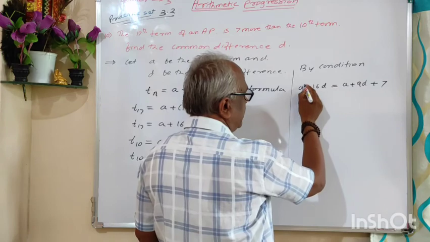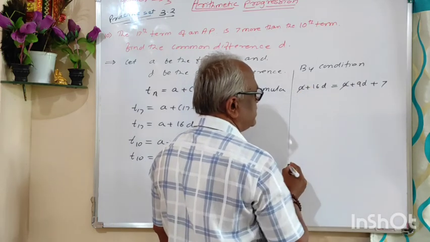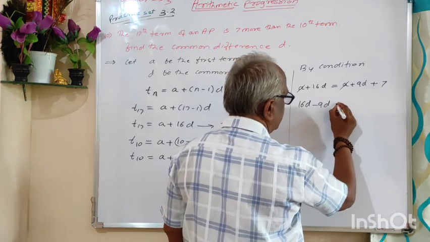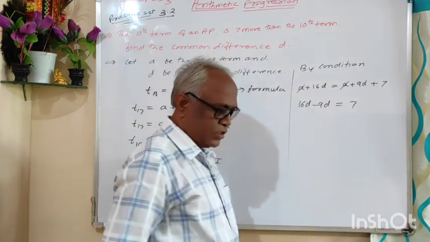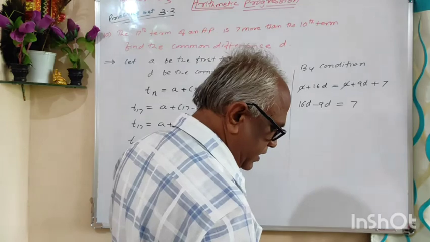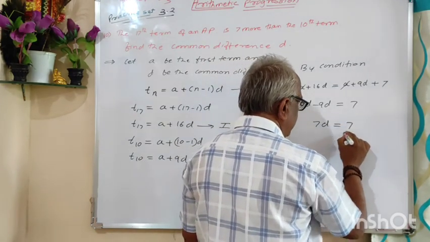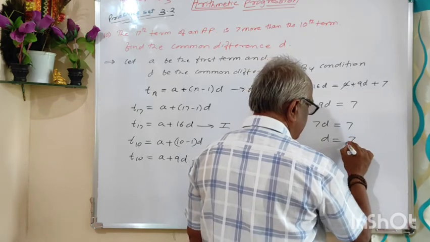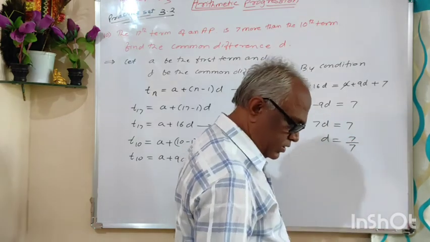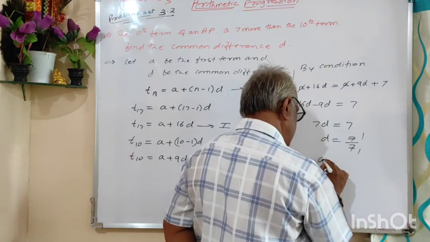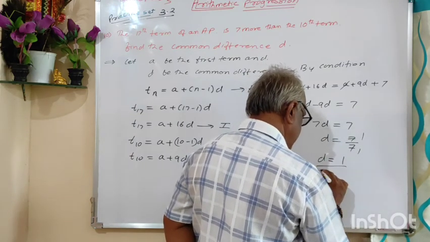So A on the left-hand side and A on the right-hand side cancel. 16D minus 9D is equal to 7. That is 7D is equal to 7. Therefore D is equal to 7 upon 7, which cancels. D is equal to 1.